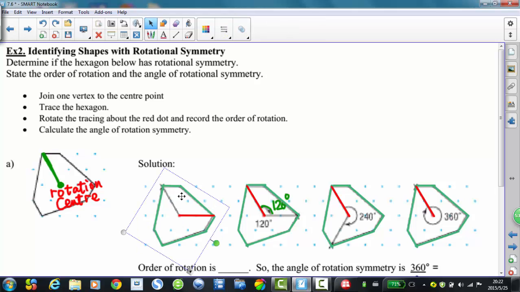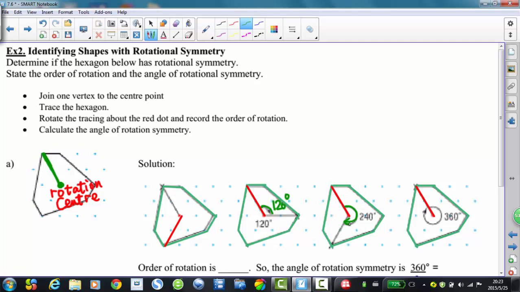So let's continue to rotate another 120 degrees based on this one. So I will find after I rotate another 120, this hexagon can overlap with itself. So I rotate 240 degrees, the hexagon still can overlap with itself.